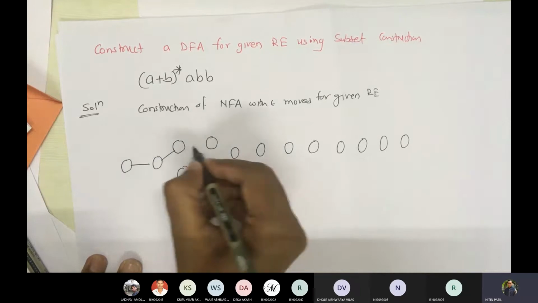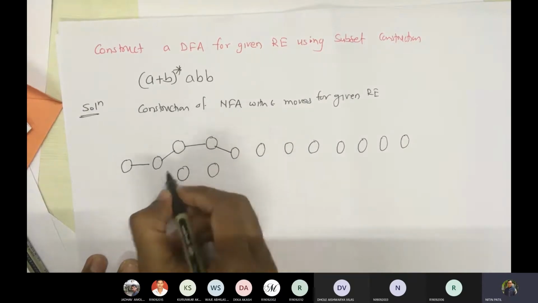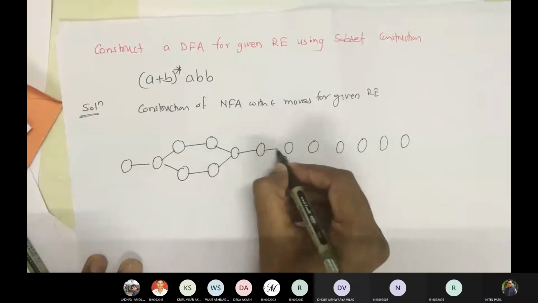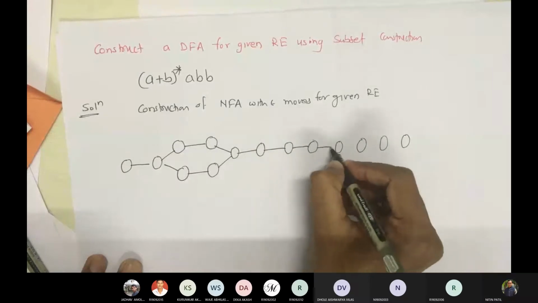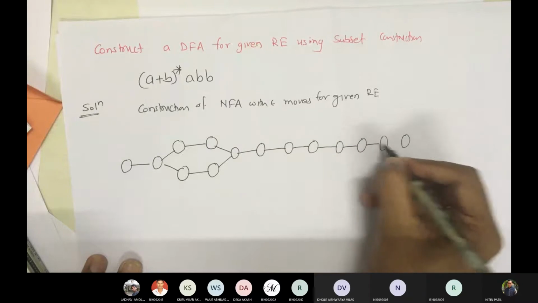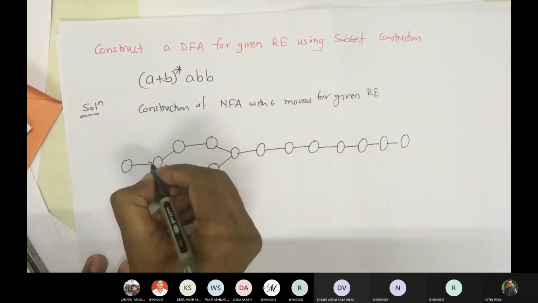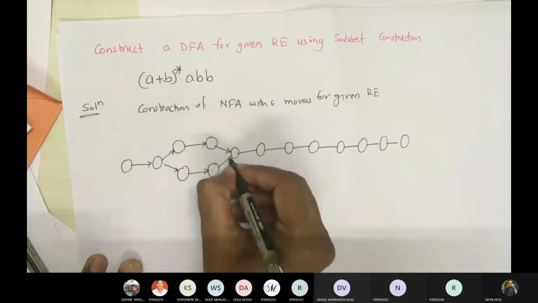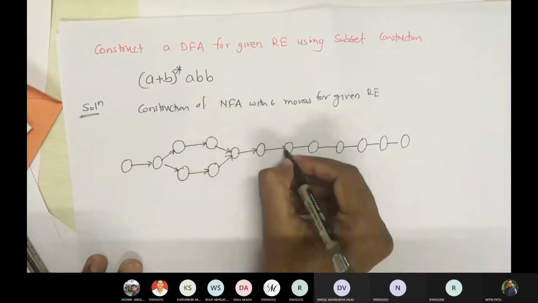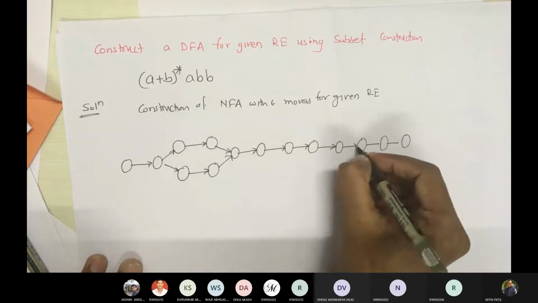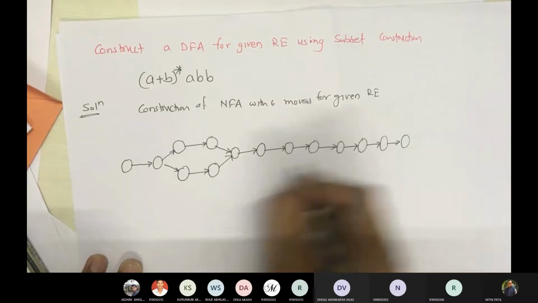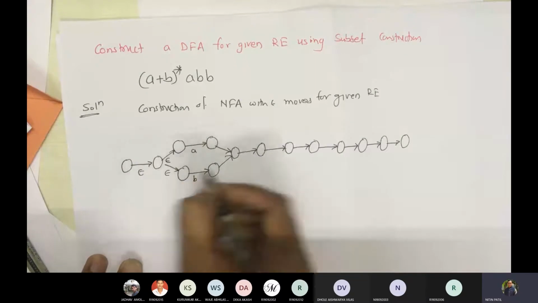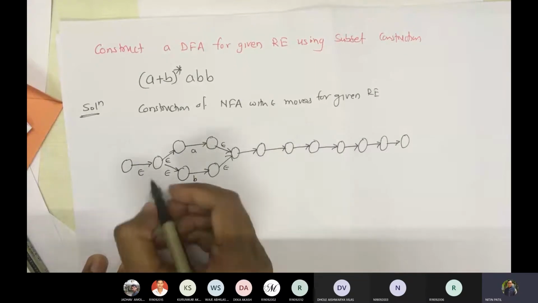Okay. So let us draw these lines for transitions. This is A, this is B, epsilon, epsilon, epsilon, epsilon, epsilon.